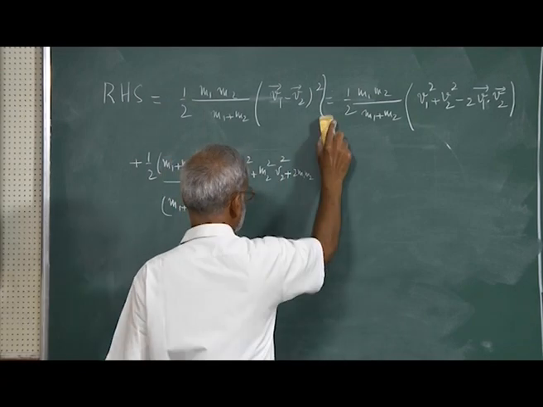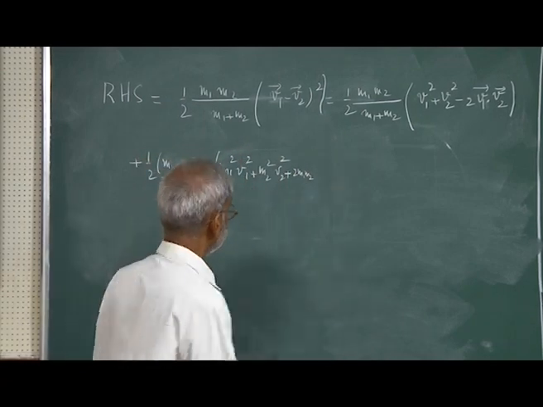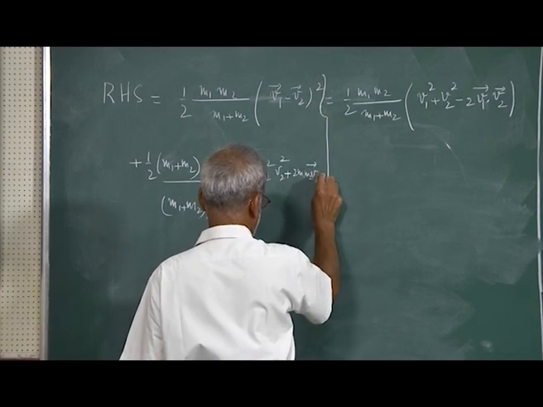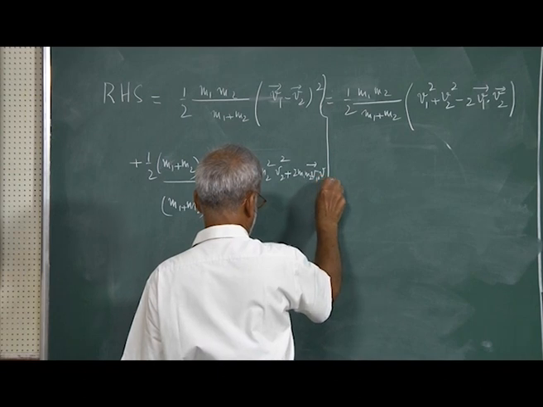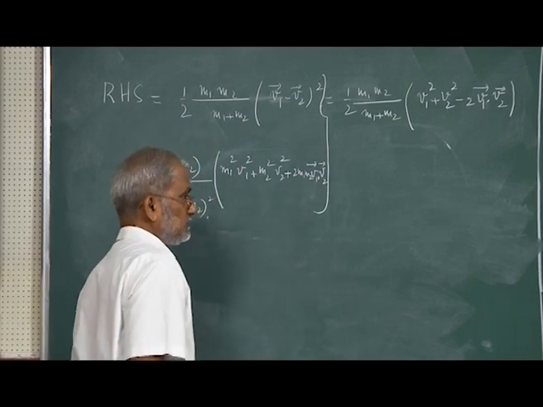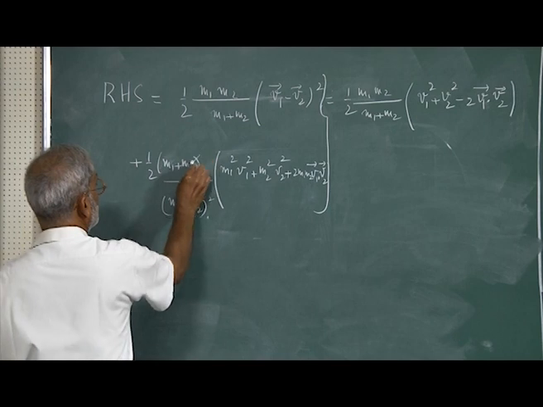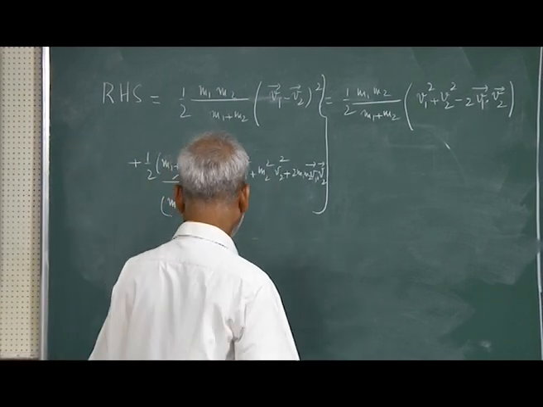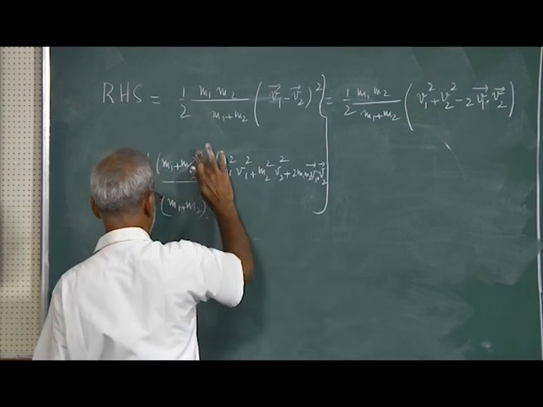plus m2 squared v2 squared plus 2 m1 m2 v1 dotted with v2. Okay, so one term will disappear. Let me not do it here.